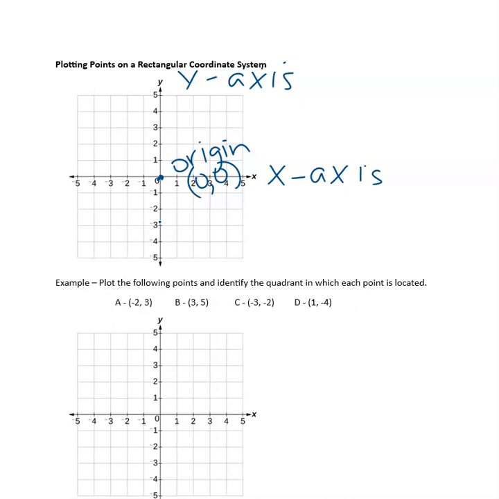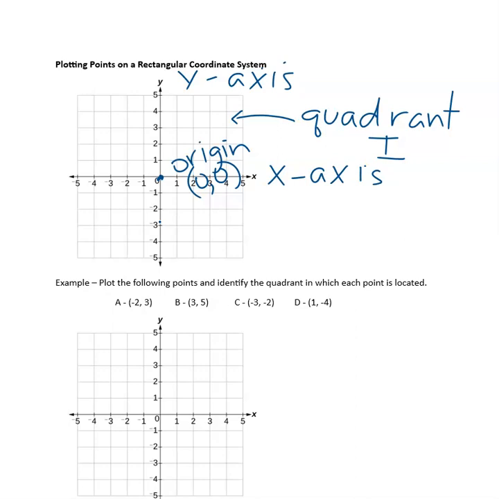Now, you'll notice that the cross that is created by both the x and the y-axes breaks the graph up into 4 pieces, which we call the quadrants. And we actually name each of the quadrants. So quadrant 1 is to the right of the origin and above the x-axis.